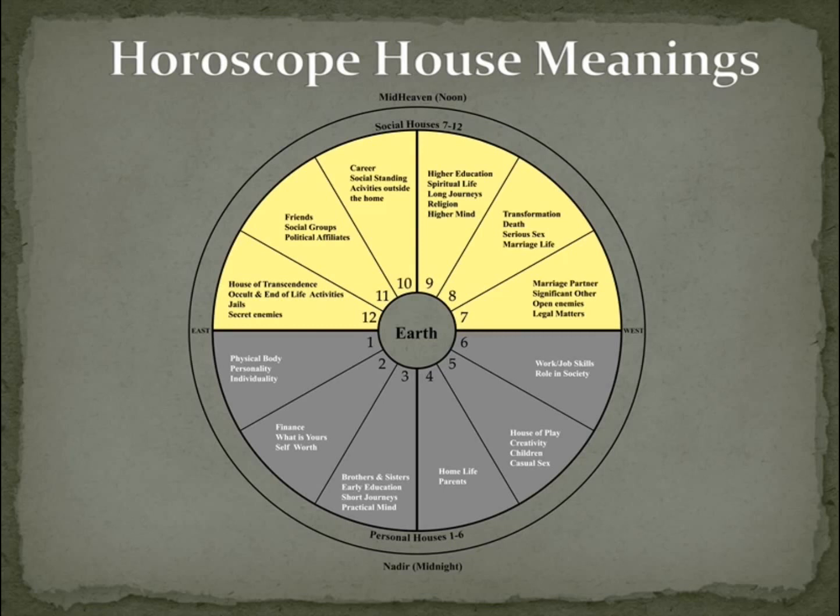The 9th house governs higher education, long journeys, religion, or spiritual life, and philosophy. This house can be mastered through the attainment of higher education like college, graduate school, trade schools, etc. In addition, you must explore and get to know other places in the world outside your local community.